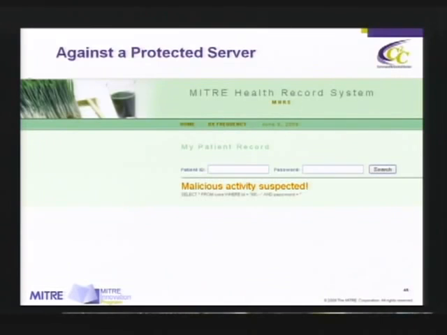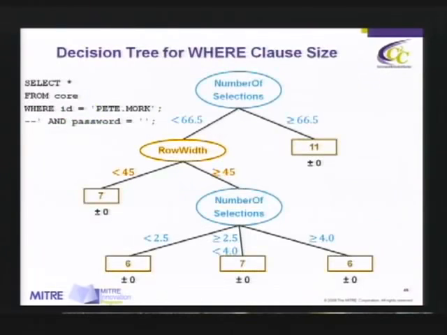So why does that work, now that we've seen everything that was going on behind the scenes? Here's the actual decision tree that we built for a particular feature, which is the complexity of the where clause. When we look at the query that gets assembled, select everything from core where ID equals this, and we've commented everything else out, the complexity of the where clause, according to the optimizer, is 7. And why is it 7?